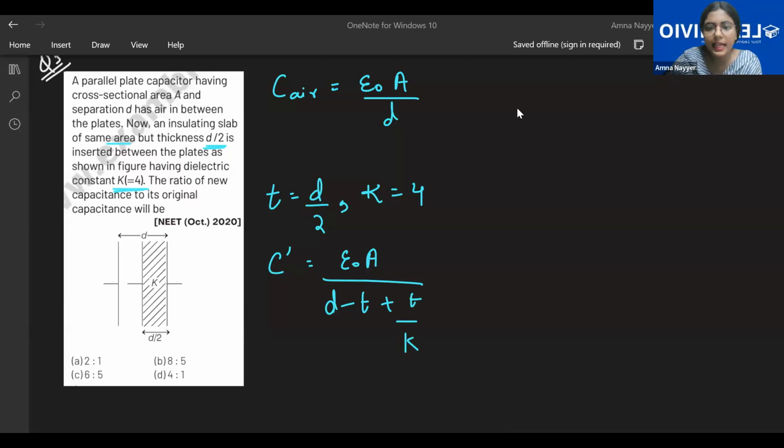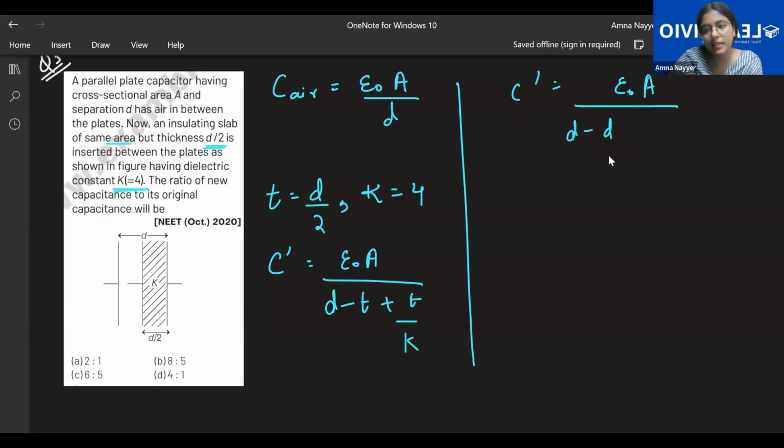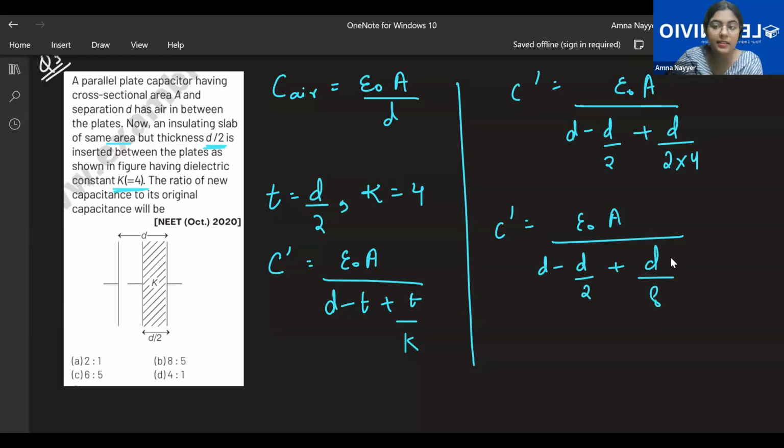So here C dash would be epsilon naught A by D minus T plus T by K. T is D by 2, K is 4. This is what we are getting: epsilon naught A by D minus D by 2 plus D by 8. I guess we should take the LCM as 8, and the answer should be option B because 8 will come in that, but let's check.